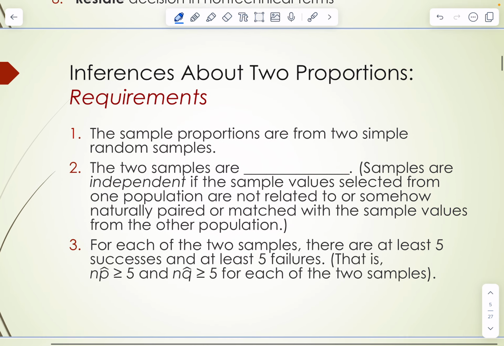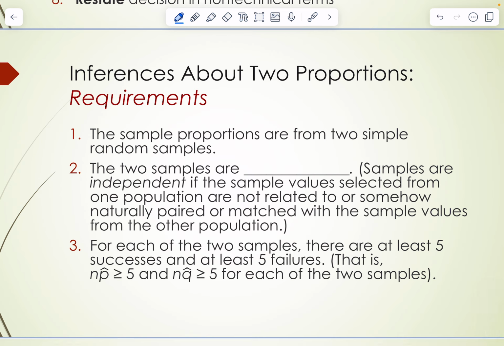All right. Now, there are certain requirements that need to be met. First of all, the sample proportions are two simple random samples. Okay, they have to be random samples. If they're extremely biased, if you only sampled teachers from an all-girls school, the number of women is going to be much higher.